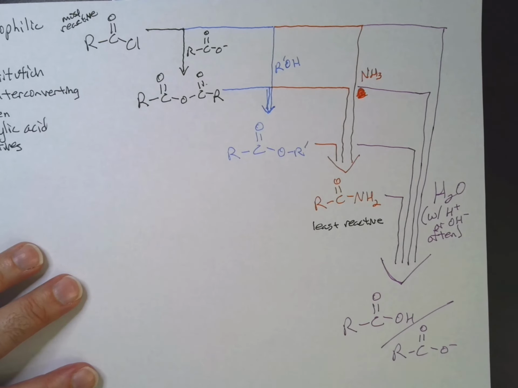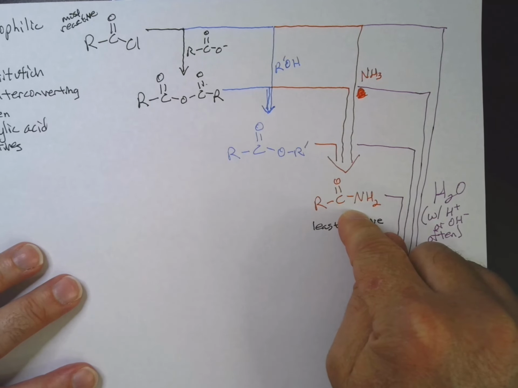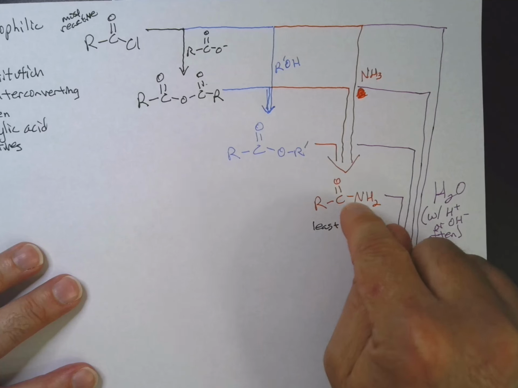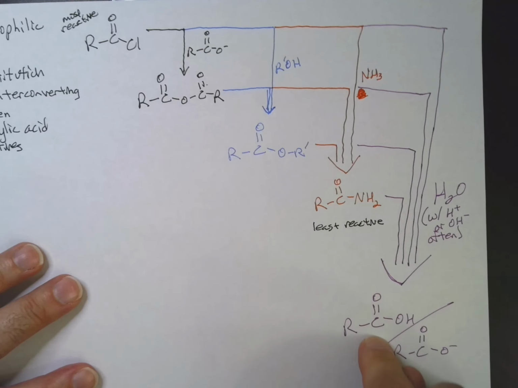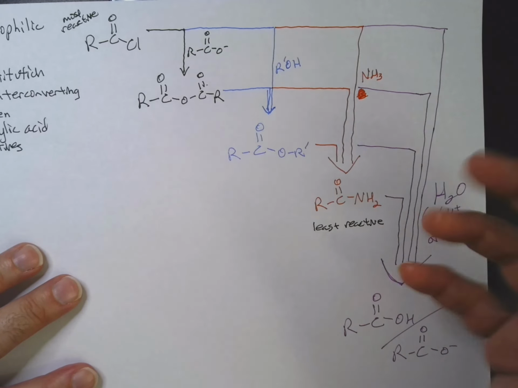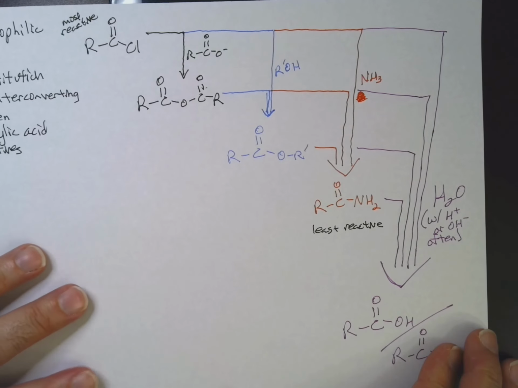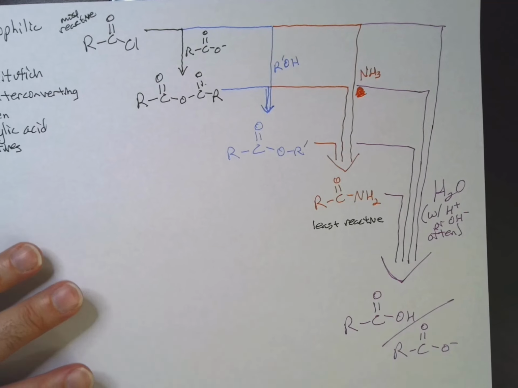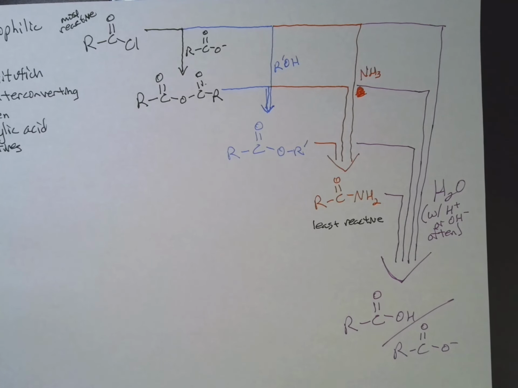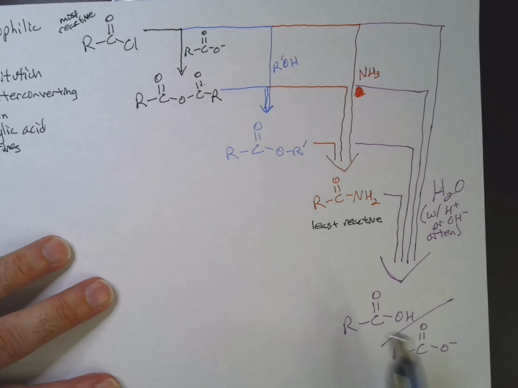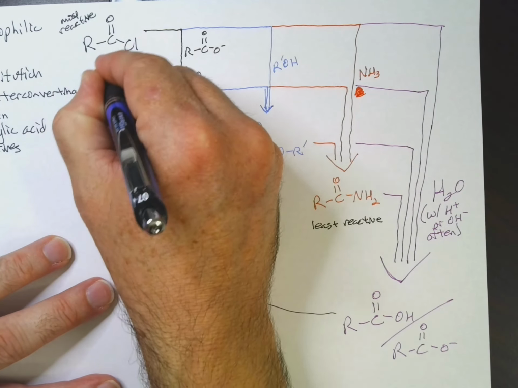Now, let's say you had a carboxylic acid and you wanted to make an amide. You can't really go straight that way. There's a way to do it outside of this sort of scheme, and we'll talk about that later. But there is a reaction that will take you from this guy here all the way back up here.